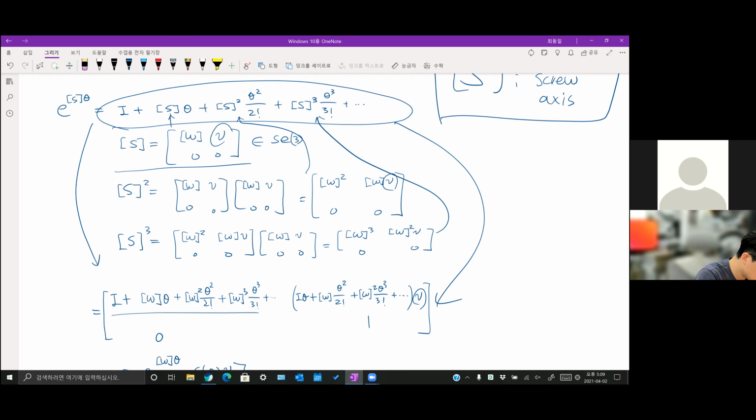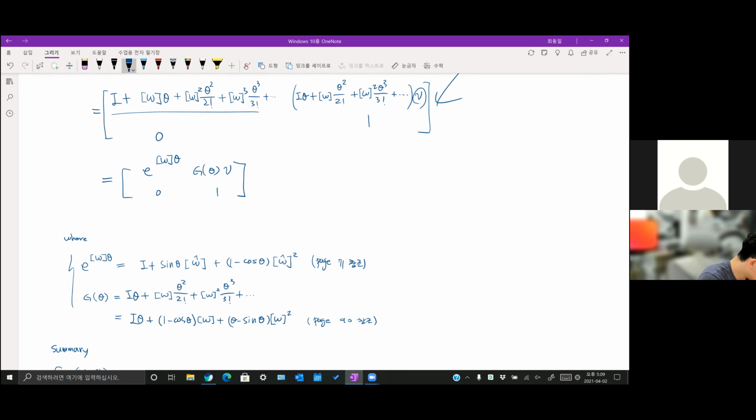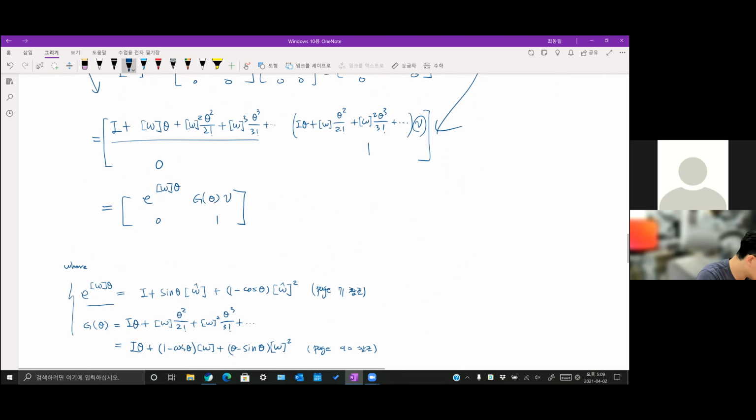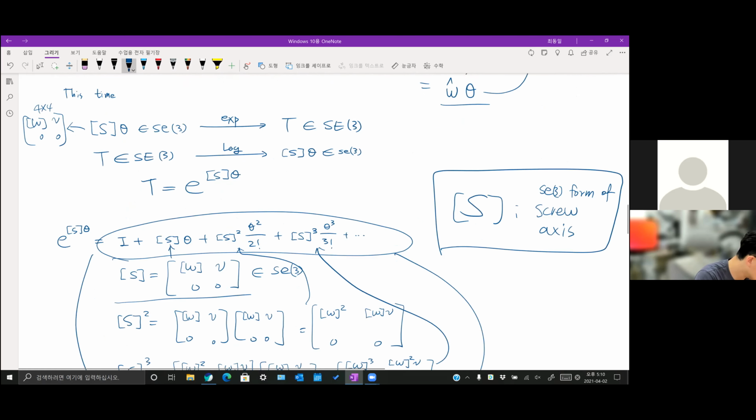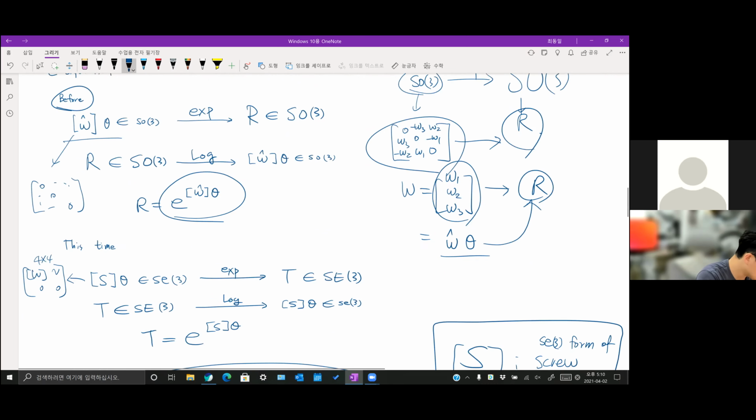So we can simplify like this, and also define this term as a new term, G theta. So here, the exponential of bracket omega theta is the same one as this one.